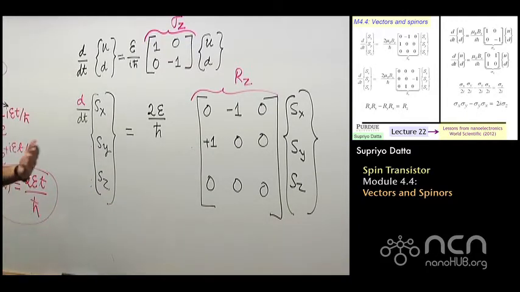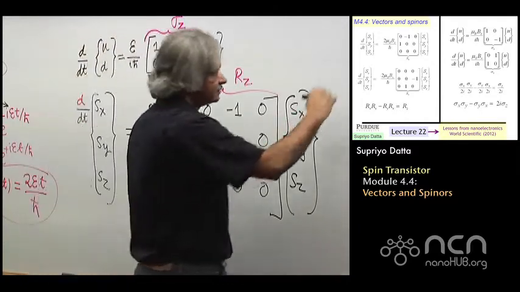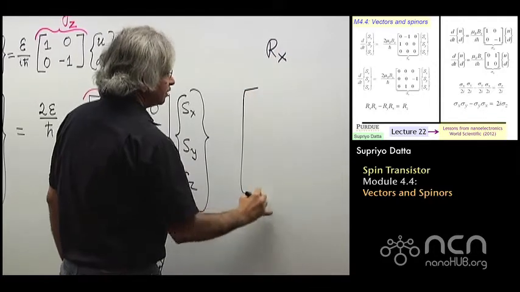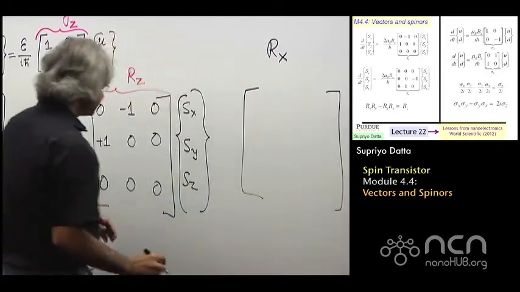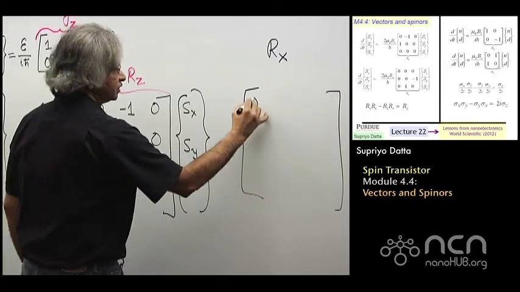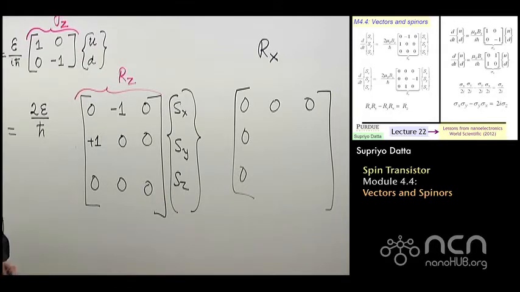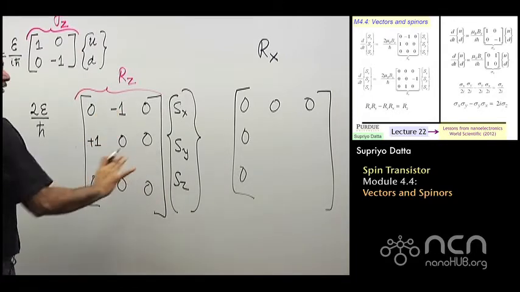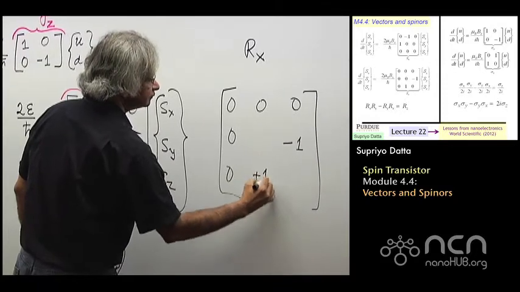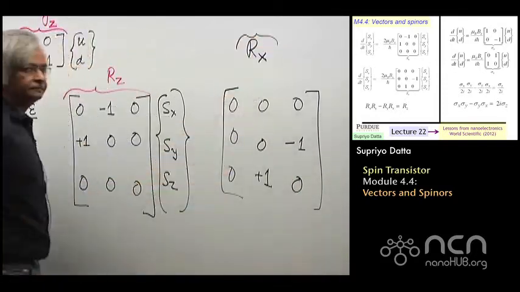Now, if I wanted to describe rotation around the x-axis, I'd simply just turn that matrix a little bit. That is, now the x-axis rows and columns should be all zeros, basically, you see. And this -1 +1 will then move over somewhere here. So that's what you'd call Rx.